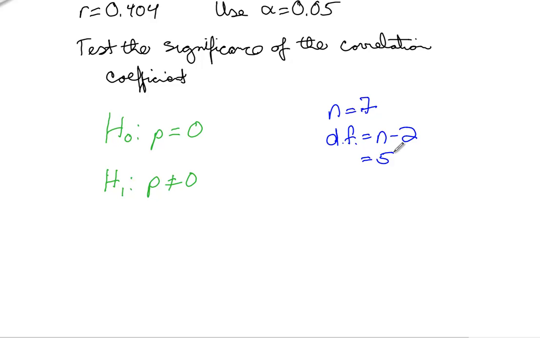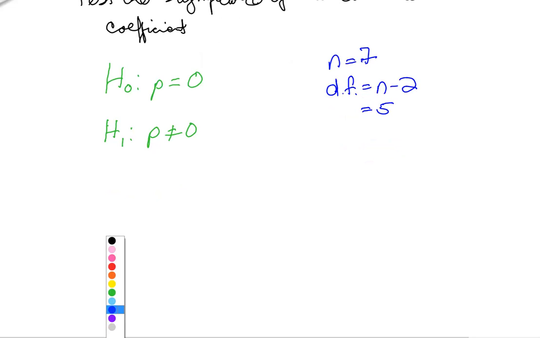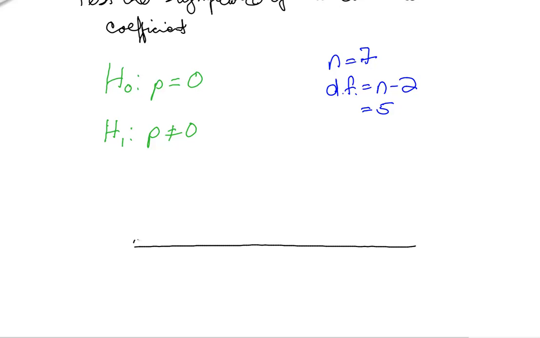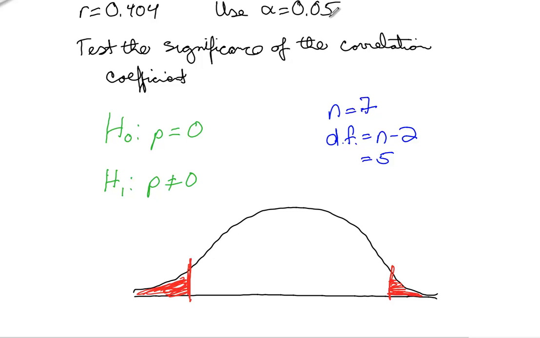This is important when we look up those critical values for our distribution, because remember we're going to draw the normal distribution. This is a two-tailed test since it says not equal to, and I'm going to shade my tails. But I need to look up what that t value is, and that t value is based on the degrees of freedom of 5 and our alpha being 0.05.